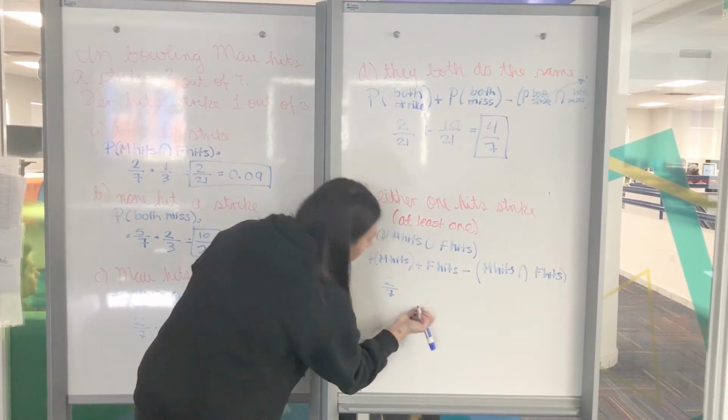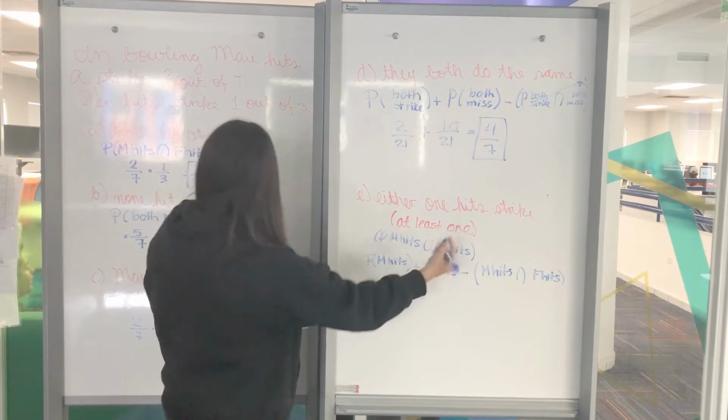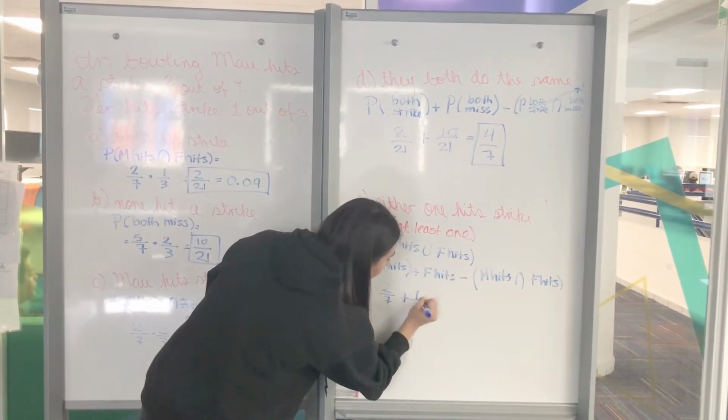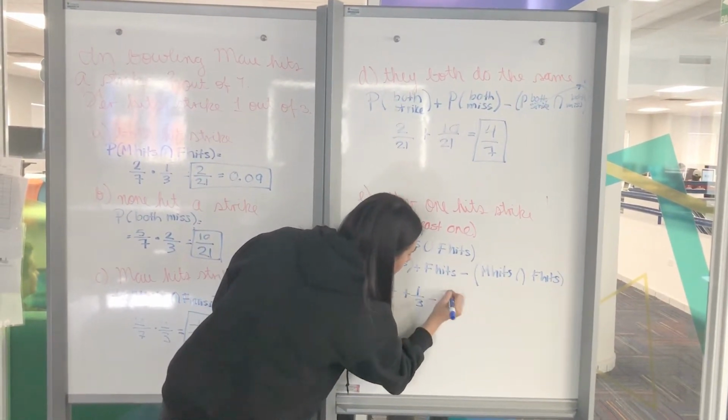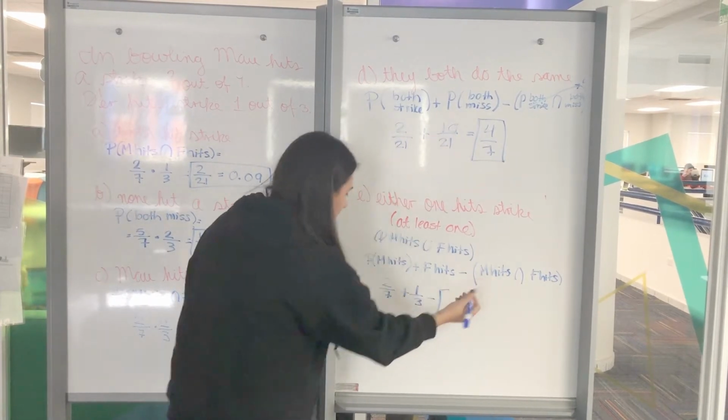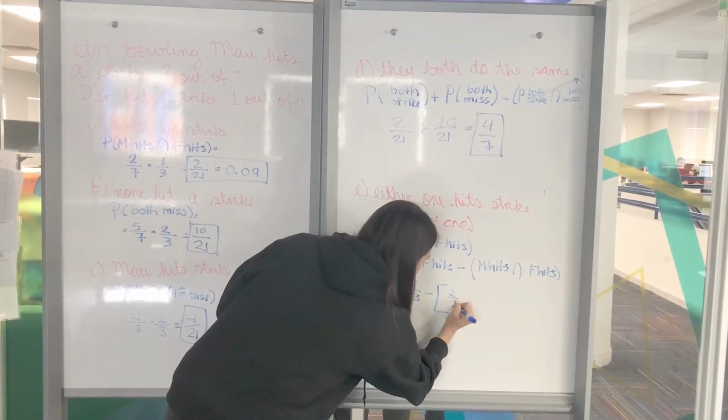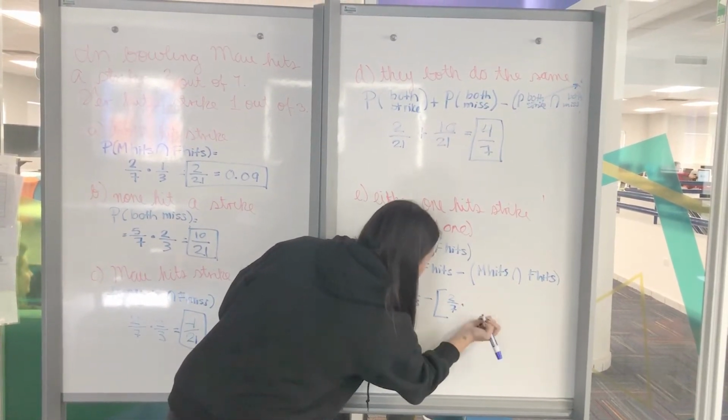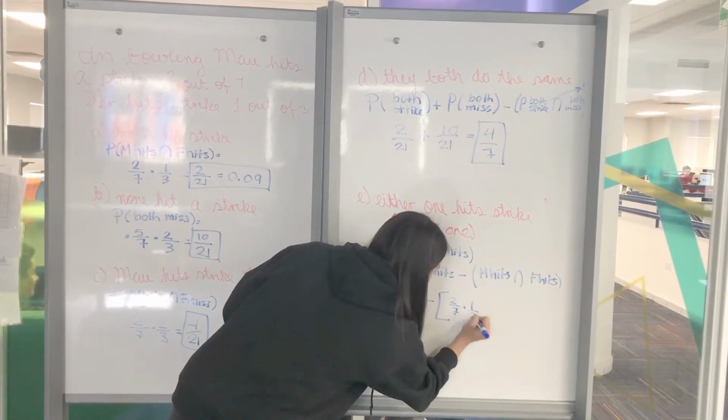So it's 2/7 of Mauricio hits plus 1/3 of Fernanda hits minus parentheses 2/7 times 1/3.